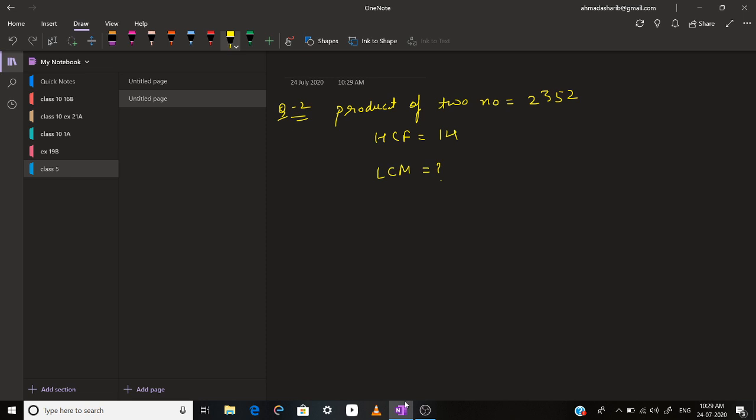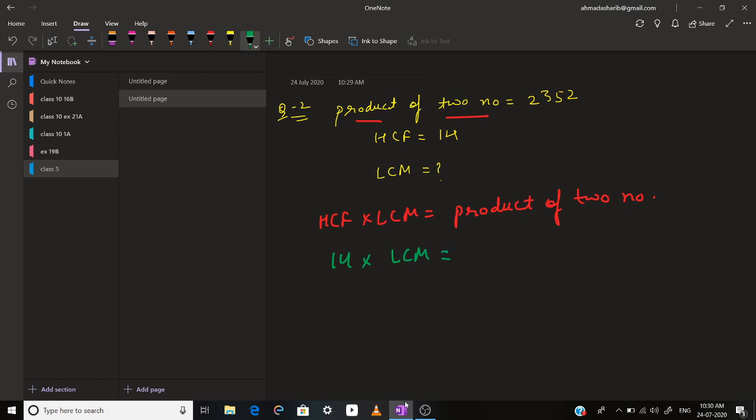Okay, so first write the formula. HCF into LCM is equal to, now when the product of two numbers is given, so you will write product of two numbers. Now first, what is the HCF? HCF is 14 and LCM you have to find.